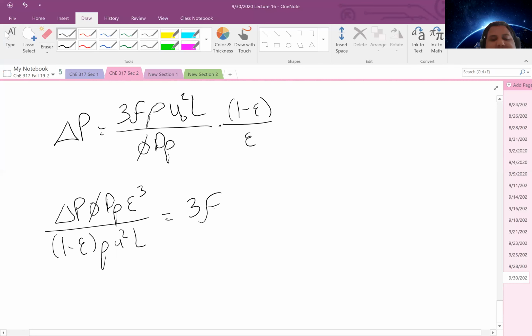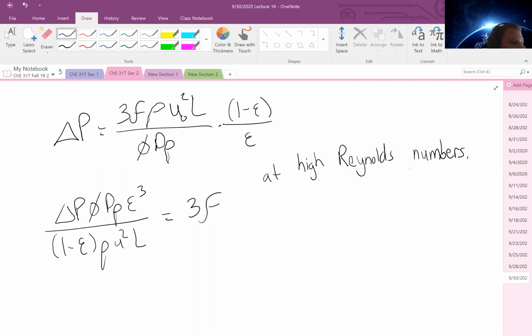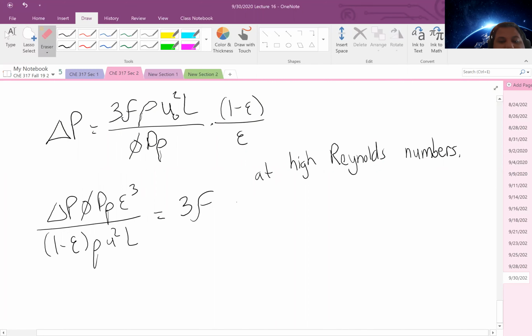And what we find is at high Reynolds numbers, our friction factors can approach a fairly constant value. And for packed beds, a lot of this data says it converges such that 3 times our friction factor is empirically found to be 1.75.